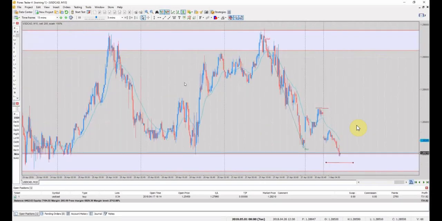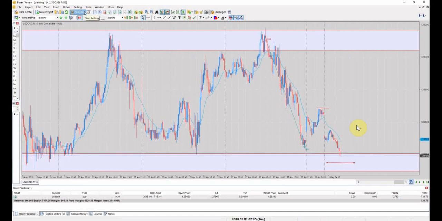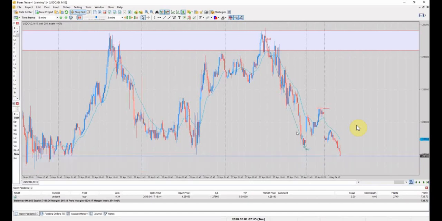So if I back up, I have to start the test. Okay. If I back up and I see this, we're coming into this zone. Yes. We mark that now as a minor support.